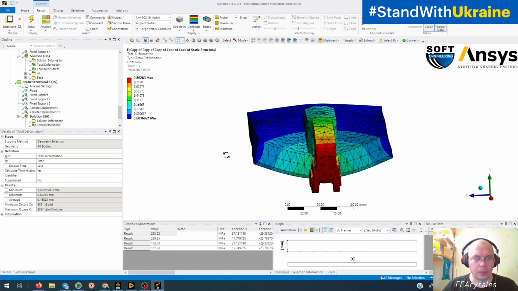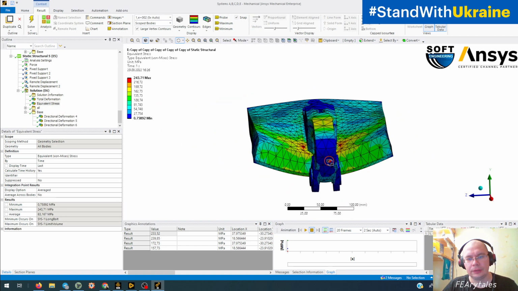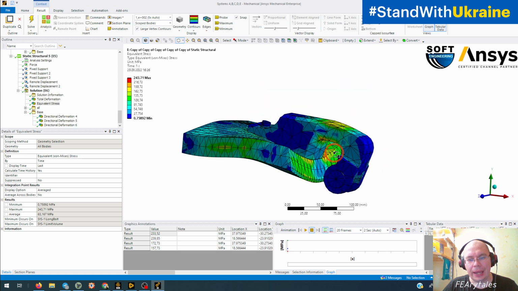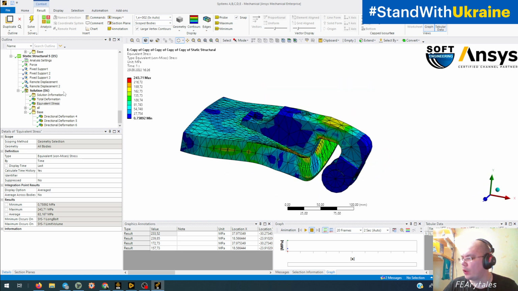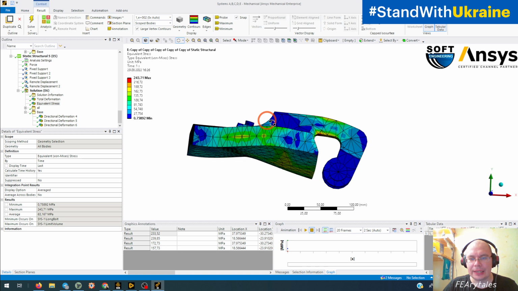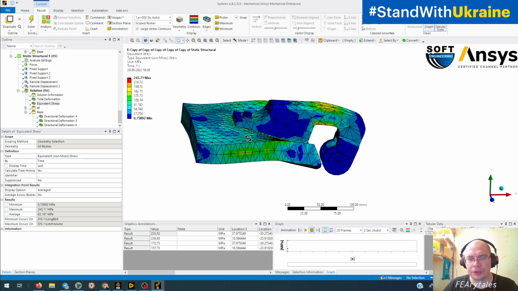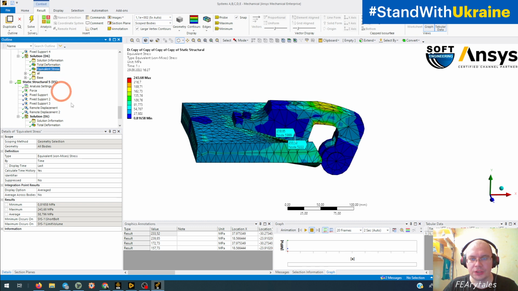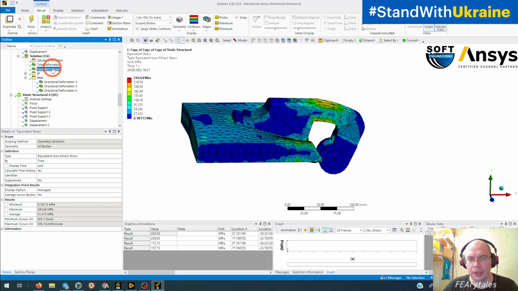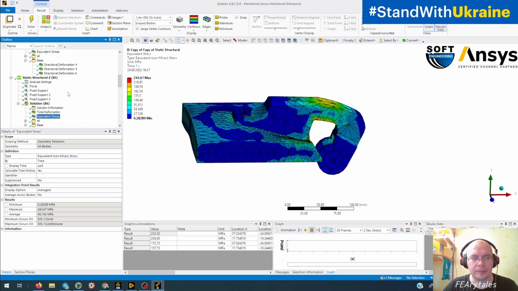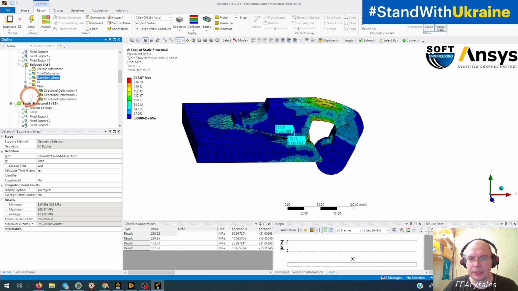So what can we say from all this type of calculation? First of all, let's take a look to our crank. Stress distribution here, here, here, here, and here.